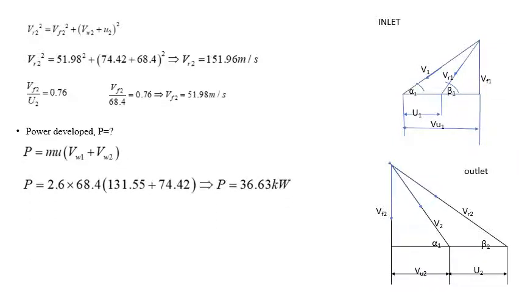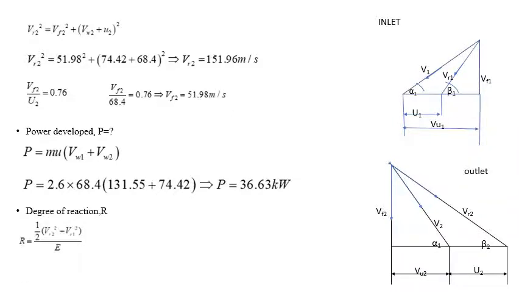According to this, the mass flow rate is given as 2.6, blade velocity 68.4, and Vu1 value is 131.55 plus Vu2, that is 74.42. By simplification, we get the power developed is equal to 36.63 kilowatt.